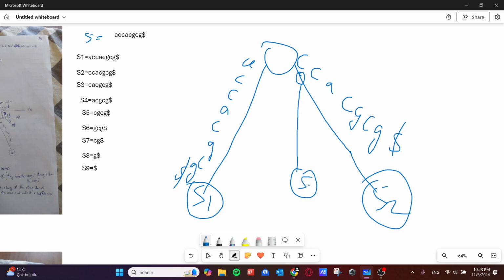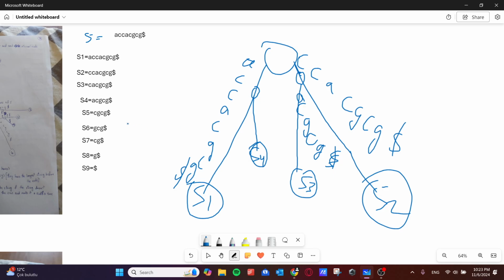I have here S3, so I have C, then A, C, G, C, G dollar sign. Then I have AC. Here, as you can see, I have AC, so I put a node here.